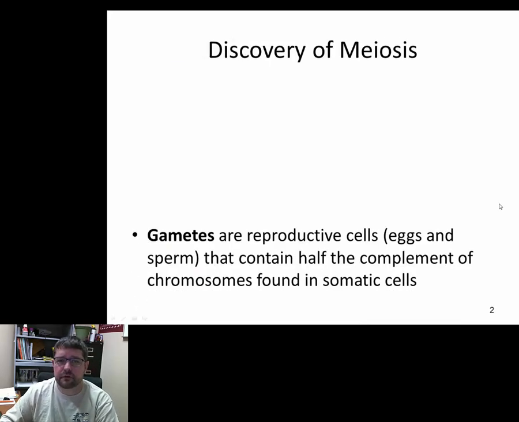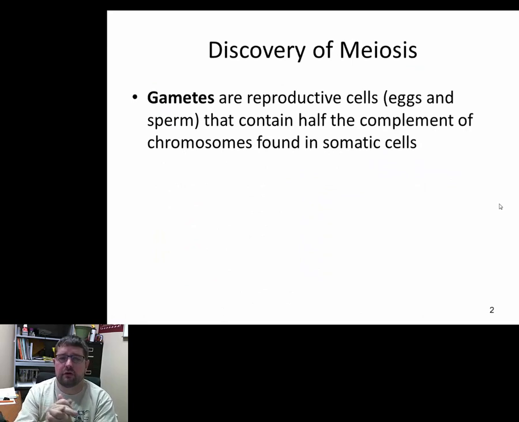Okay, so to discover this, it's interesting. We can give a little bit of history of this. Even when Darwin came up with the theory of evolution by means of natural selection, we did not know how parents passed on information to offspring. We knew that the offspring looked like their parents, at least had some characteristics of their parents, but we didn't know how that occurred.